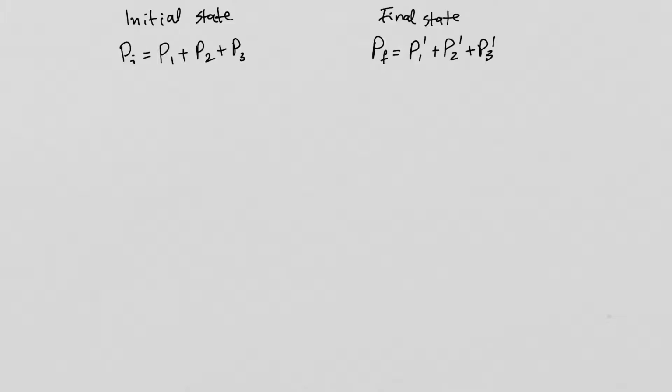And so then, from the conservation of linear momentum principle, we can say that P1 plus P2 plus P3 is equal to P1 prime plus P2 prime plus P3 prime.